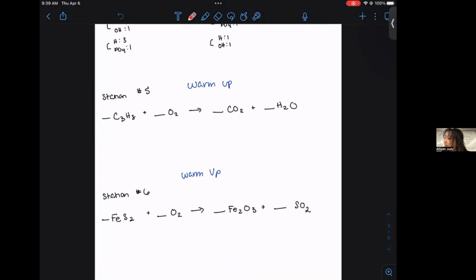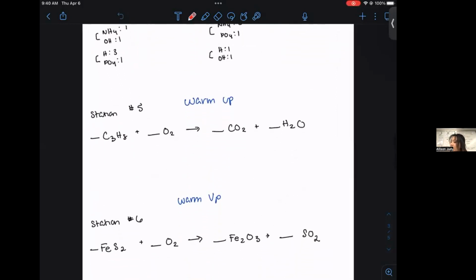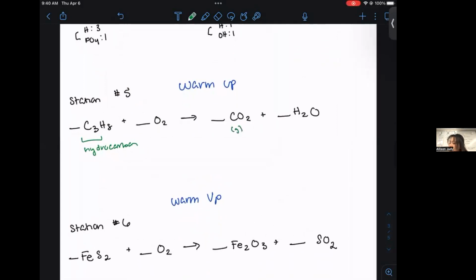But what we have here is, okay, we have our warm-up. We have a hydrocarbon reacting with pure oxygen to produce carbon dioxide gas and water gas. Okay, so we would categorize this as a combustion reaction.